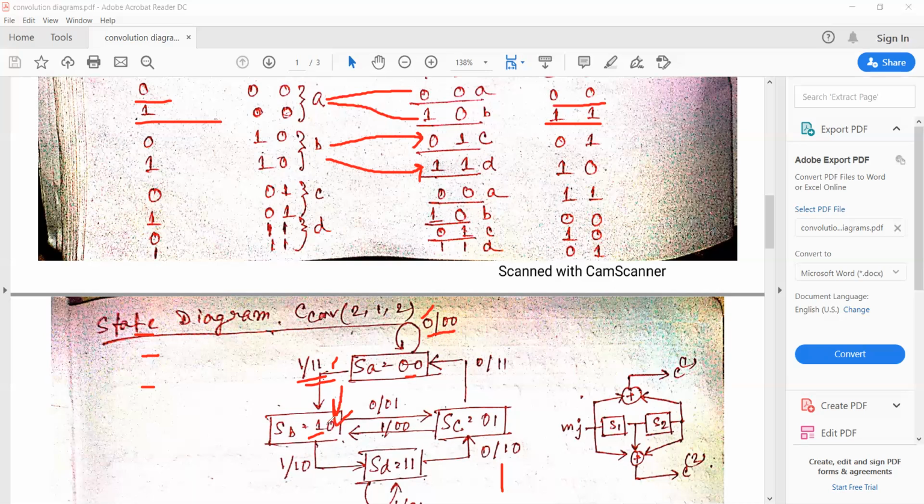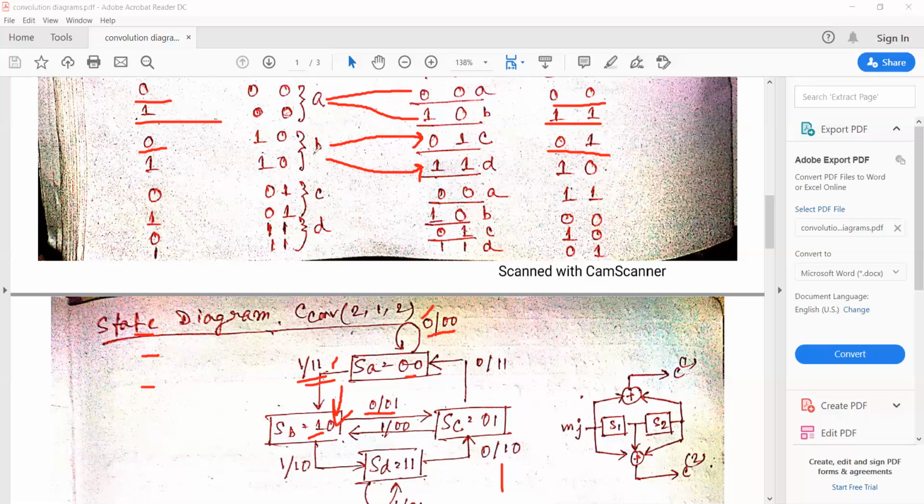So you can see that one arrow is going from SB to SC, this upper arrow. And what is the condition? When B is converted to C, the condition is the input should be 0 and the output is 0, 1. This is written above this arrow. So you have to always write this condition, input and output, above the direction arrow.